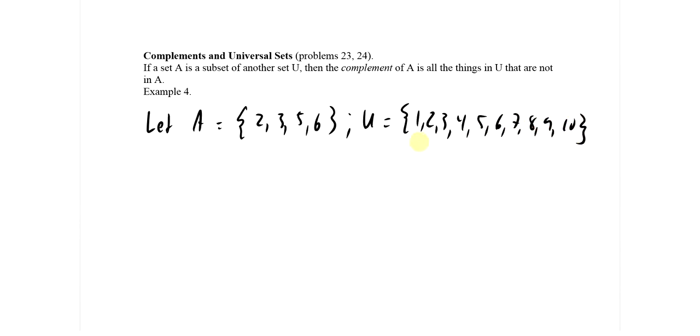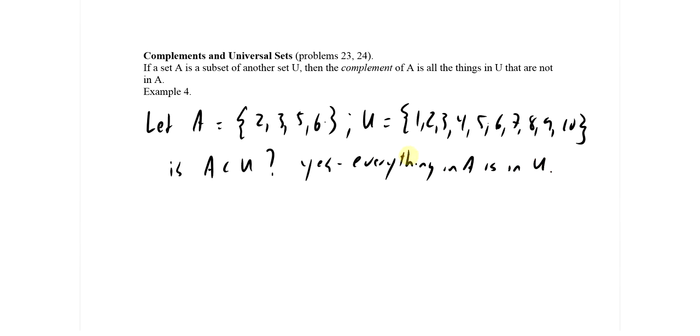So there's our set U. Here's another set A. Is A a subset of U? Question mark. Well, 2 is in A and it's in U. 3 is in A, it's in U. 5 is in A, it's in U. 6 is in A. 6 is in U. Yes. Everything in A is in U.